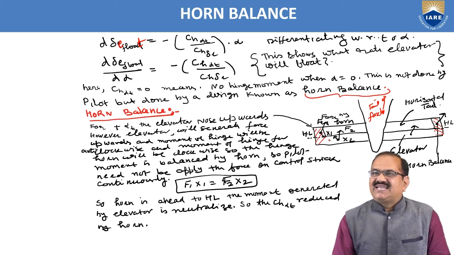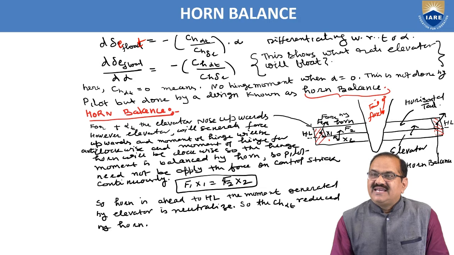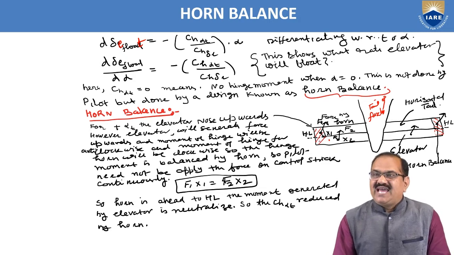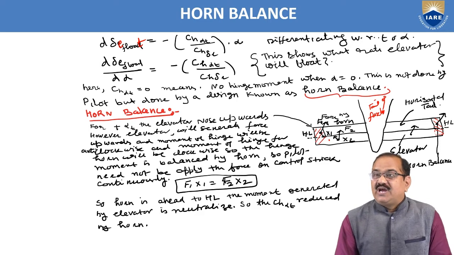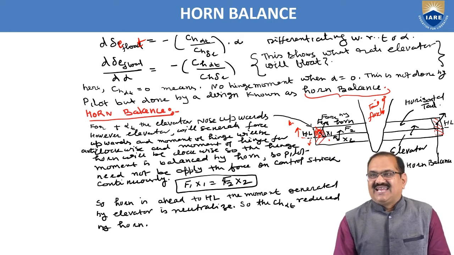Here this part is increased; this part is part of the elevator. So when the elevator is going down, this part will go up, above the hinge line and below the hinge line. This is the hinge line. So this part is the elevator and this part is the horn. This is the horn, and this horn is ahead of the elevator hinge line.